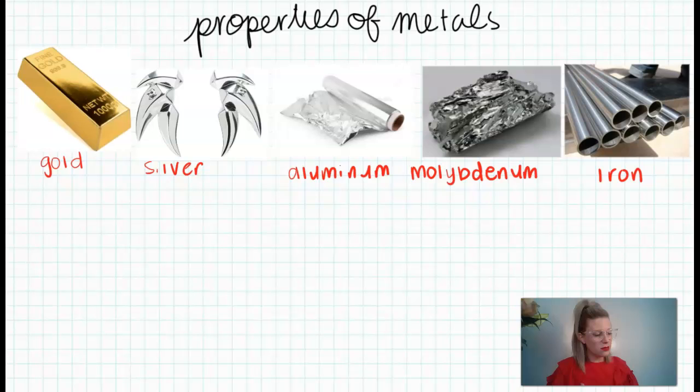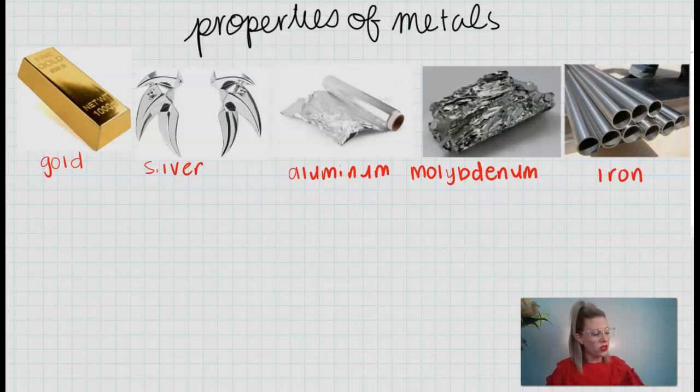So all of these metals have quite a few things in common with one another. Now, I also want to point out that there are certain properties that obviously are distinguishable by gold, silver, aluminum, molybdenum, iron. One of those, for example, being density. None of them have the same density to one another, but they do have a lot of properties that all metals have in common with one another. So today we're going to talk a little bit about those.